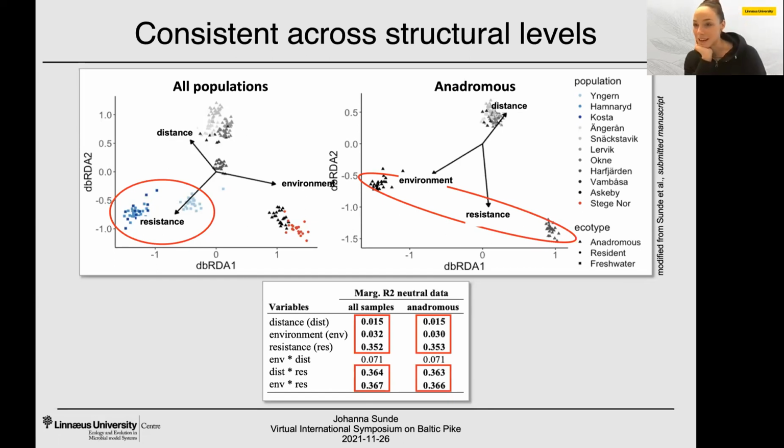Yes, and one thing that I found quite cool was that we tried to do this also for only the anadromous populations, because we wanted to see what it looks like in the open system, where all the populations actually have a possibility of encountering each other and the connectivity is higher. And what we found is that it shows the exact same pattern.